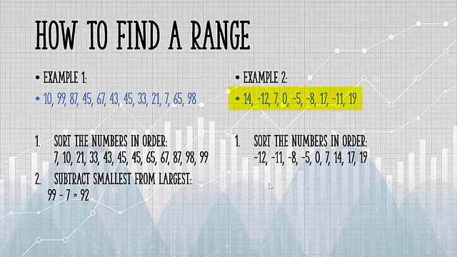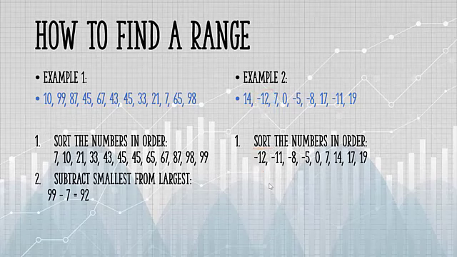The first step is to sort the numbers in order from smallest to largest. Well, we have negative numbers here, so the smallest negative number is negative 12, and my numbers are going to go all the way up to 19.